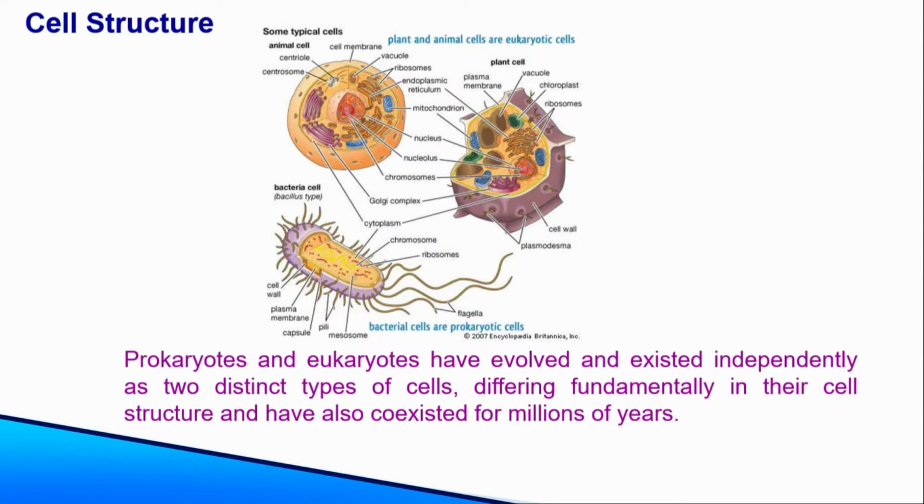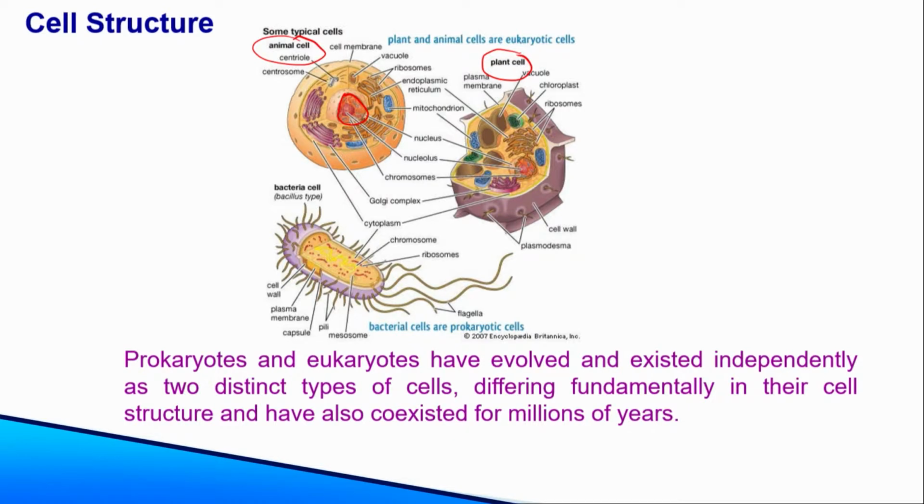Now, you can see that bacteria or prokaryotes are much different from eukaryotic cells. Eukaryotic cells, such as the plant cell and the animal cell you can see here, are much different from the prokaryotic cell, that is bacteria. In eukaryotic organisms, there is a true nucleus, which is separated from the cytoplasm by a nuclear membrane.